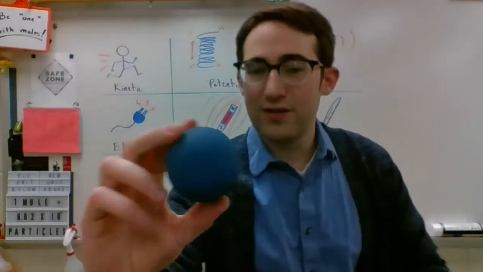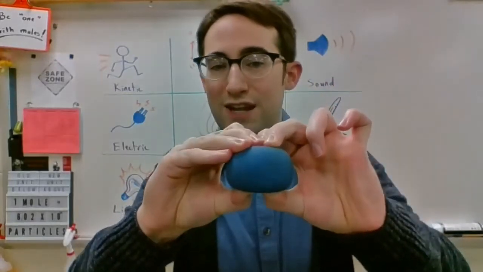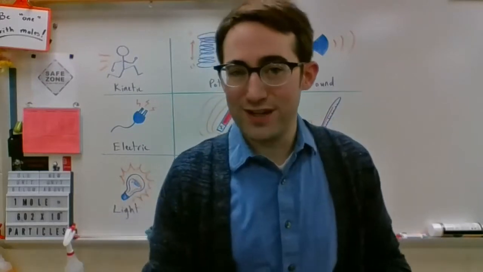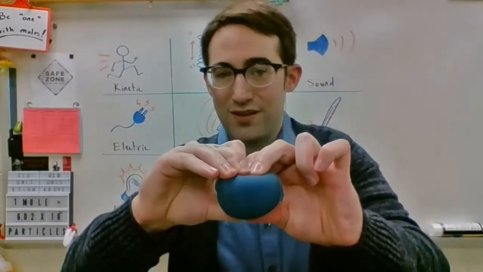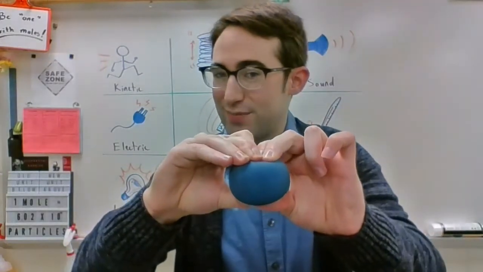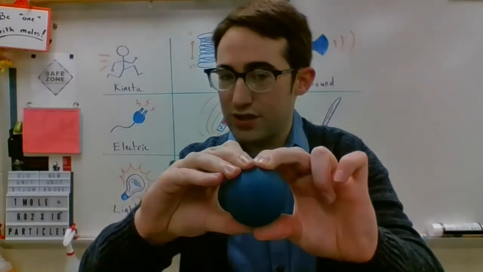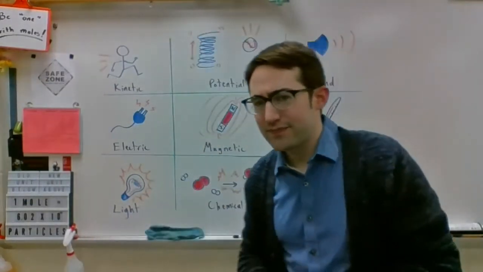This racquetball, when it hits the ground, actually squishes a little bit. You'd have to slow it down a long way to tell, and you can find all kinds of cool YouTube videos that do that for you. That stores up some elastic potential energy that can convert back into kinetic energy as the shape goes back and it bounces back upwards.